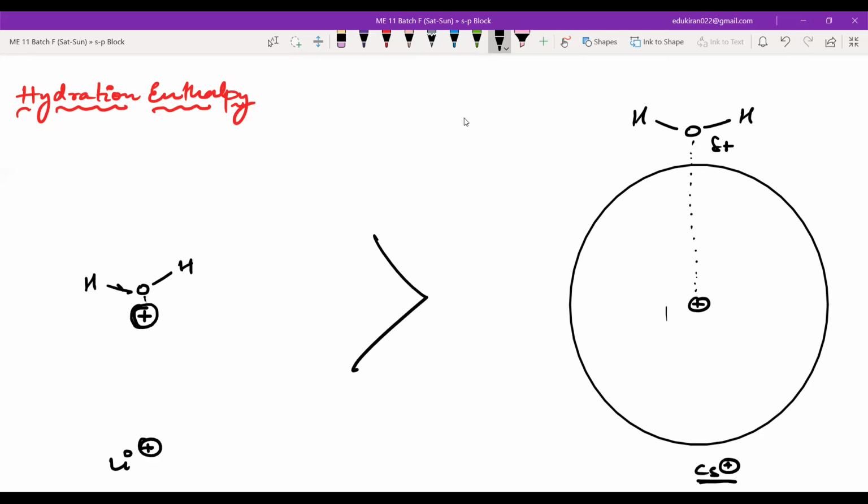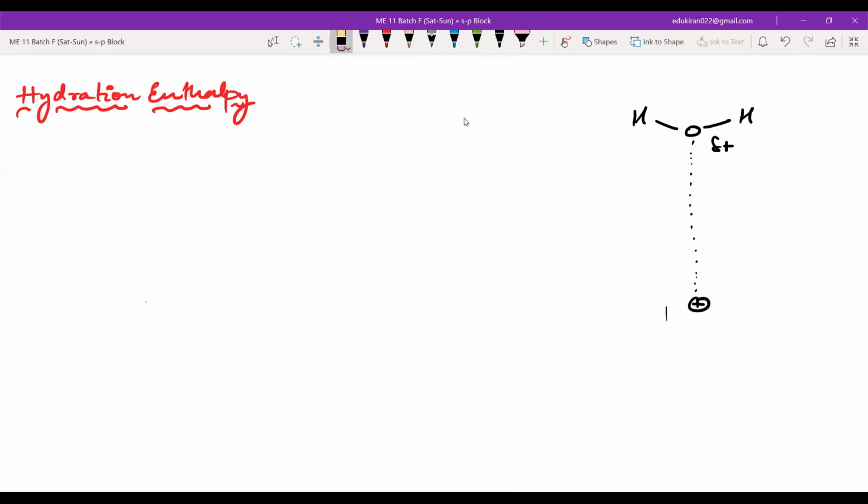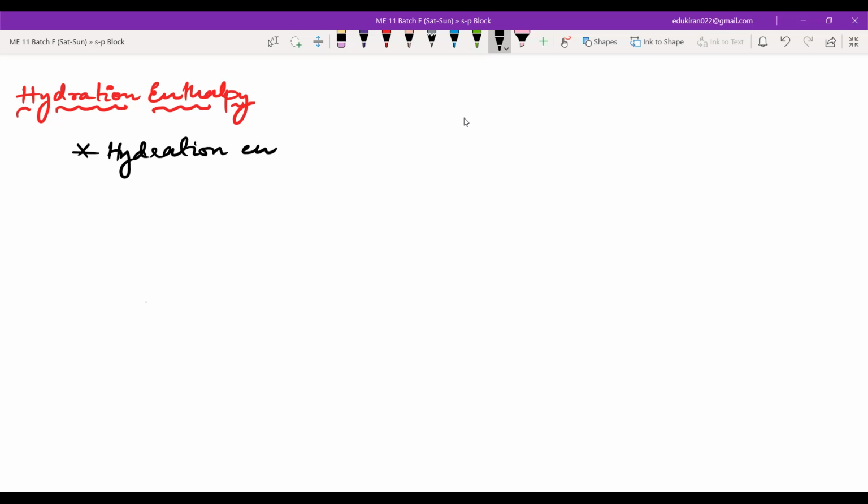So for hydration enthalpy, we can easily see a trend. The first point that we will write is that hydration enthalpy is inversely proportional to size. If size is small, the hydration enthalpy is going to be very high.